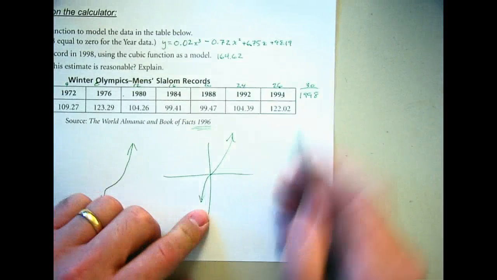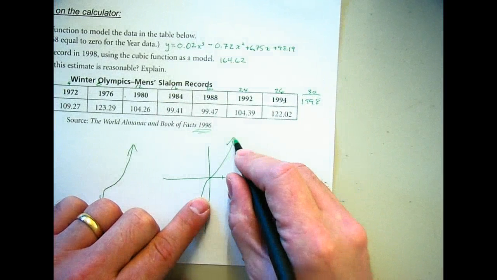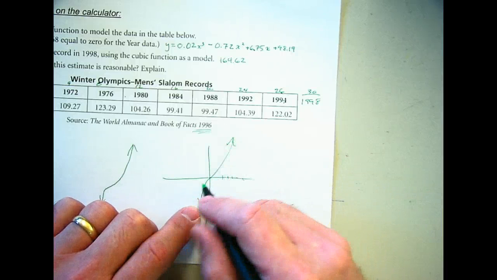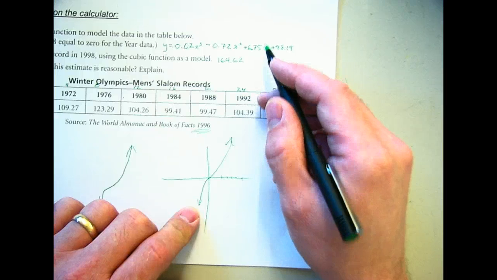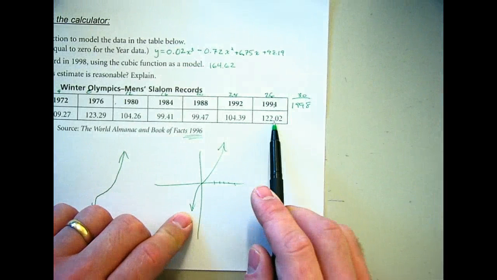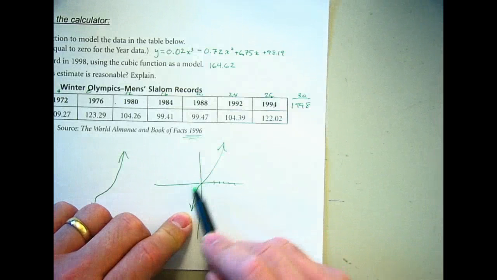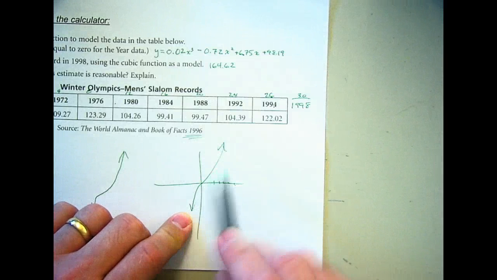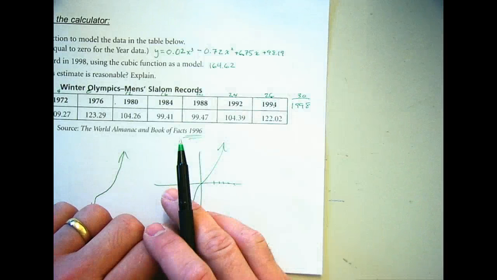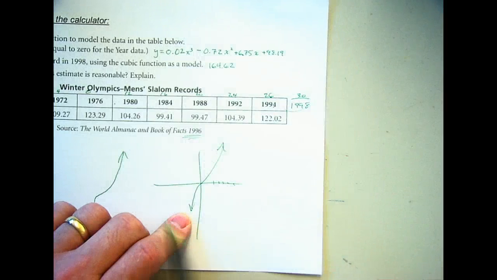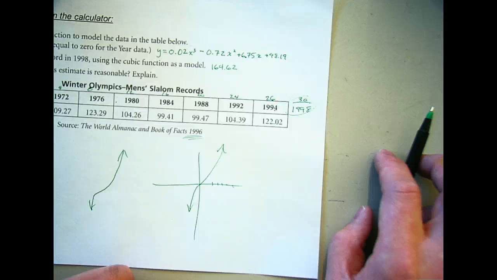And as our time increases, what's happening with our Y? It keeps going up forever, right? I mean, it doesn't ever come back down. So as the years increase, this is going to just keep going up. So your time's not going to keep being reasonable. Eventually, a cubic function is not a good model for this anymore. You're going to have to use a different function. May not be a good model for 98. We could actually go back and check it since we're in 2014 now.